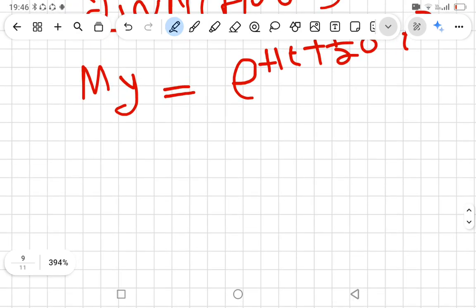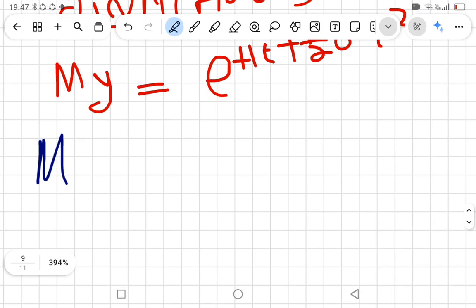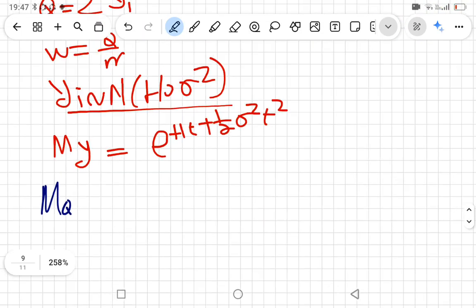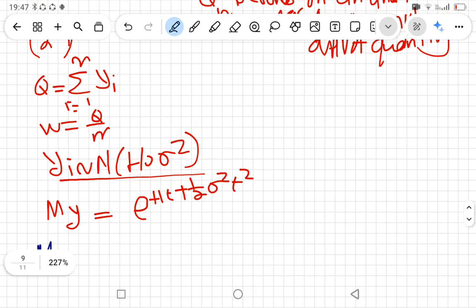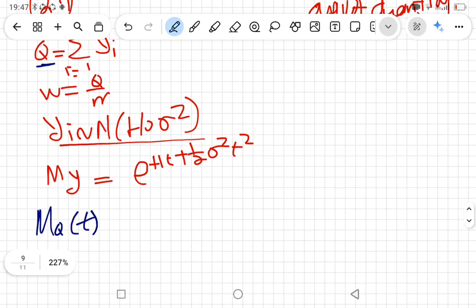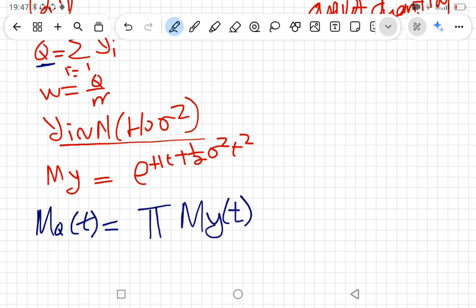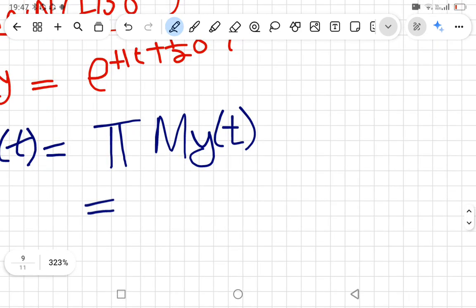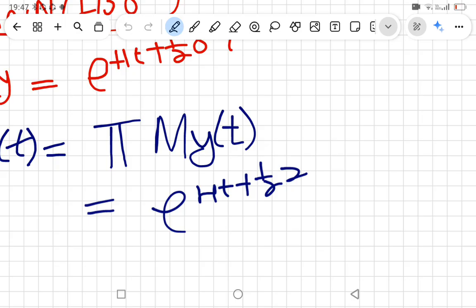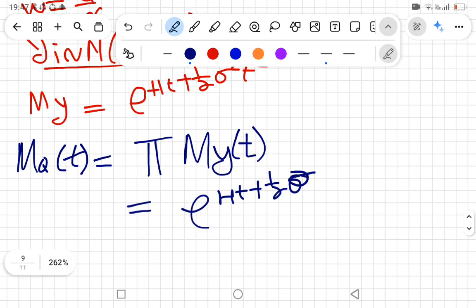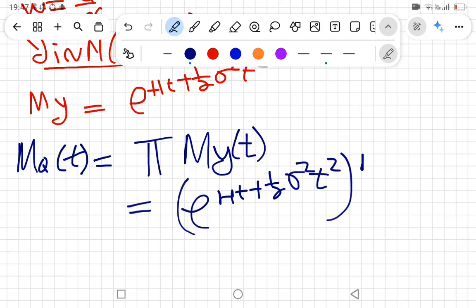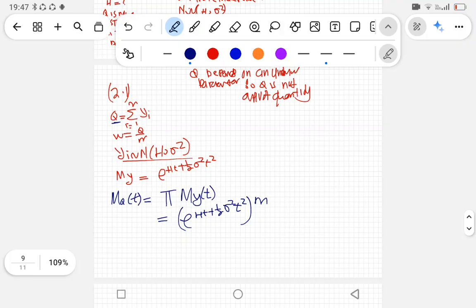You're going to find the MGF here. The MGF of Q will be the product of these, which is e to the mu t plus half sigma squared t squared, all to exponent M.